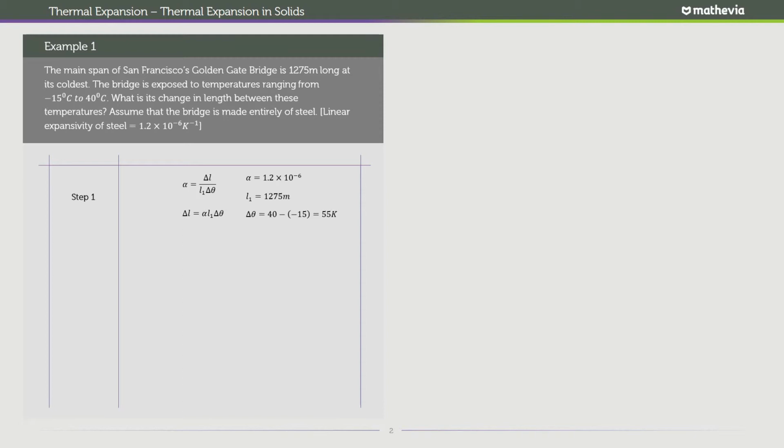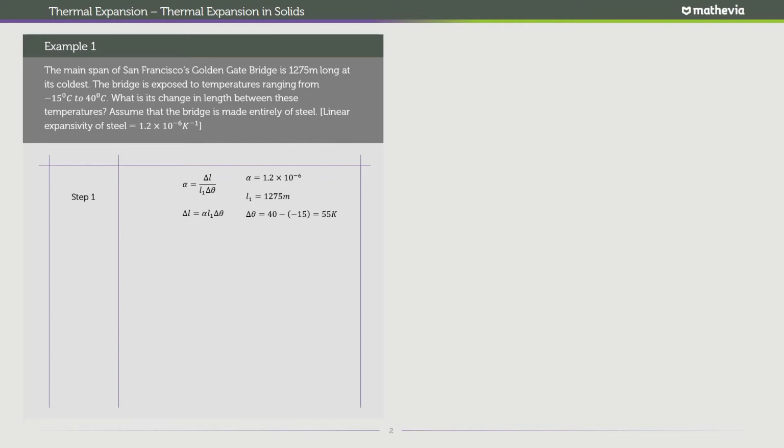Now, when you're working with temperatures, it's very important that you convert to Kelvin. Okay, so typically we should convert minus 15 degrees Celsius to Kelvin, and if we do that, we just add 273, and we should end up with 259 Kelvin.